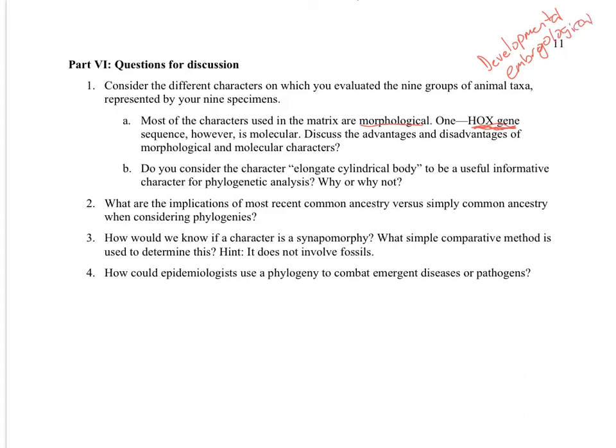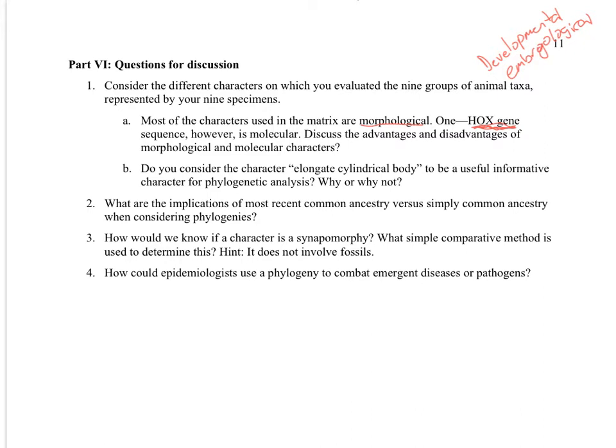So that would be for things like radial cleavage. Others were things like bilateral symmetry and radial symmetry, or an endoskeleton or exoskeleton.